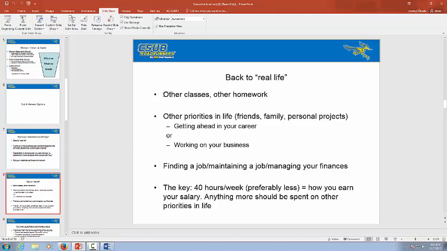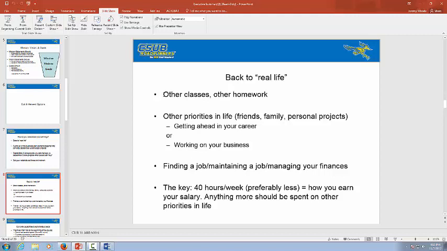And those 40 hours or 35 or 30 hours, however many you're able to get away with working, are to pay your basic baseline bills. That's your salary. That's your baseline income.